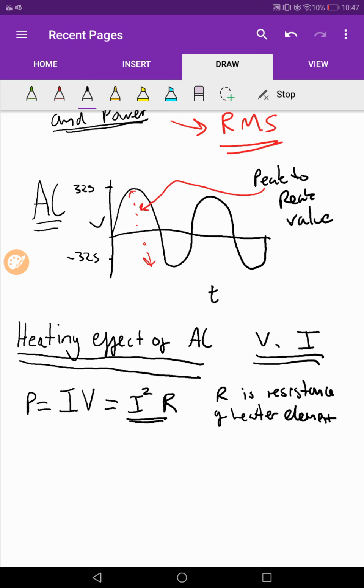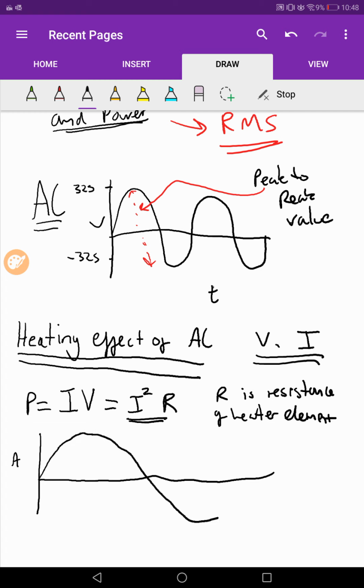So, say for example, if we had an electric heater supplied with this alternating current, and say that this alternating current was going at a really low frequency, right? So say it was kind of going really slowly like this.